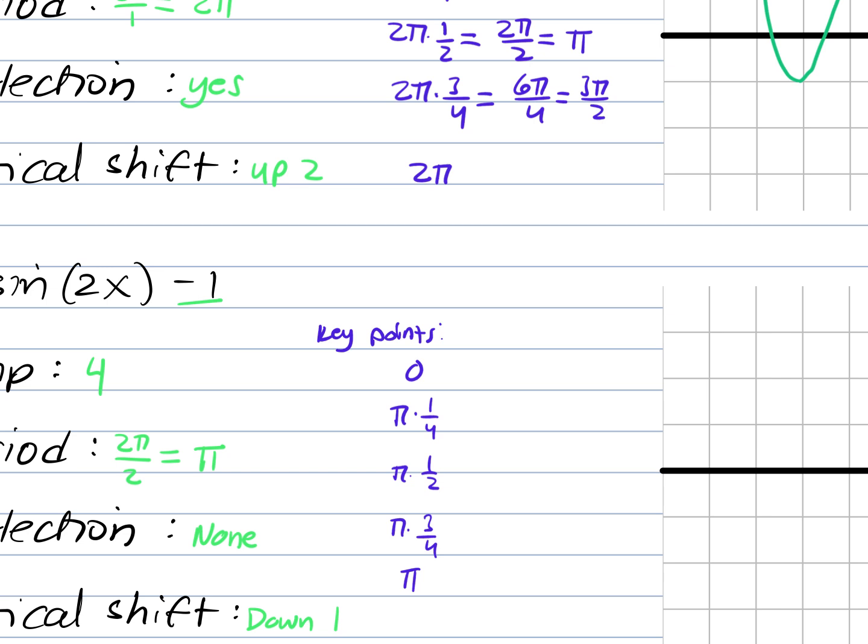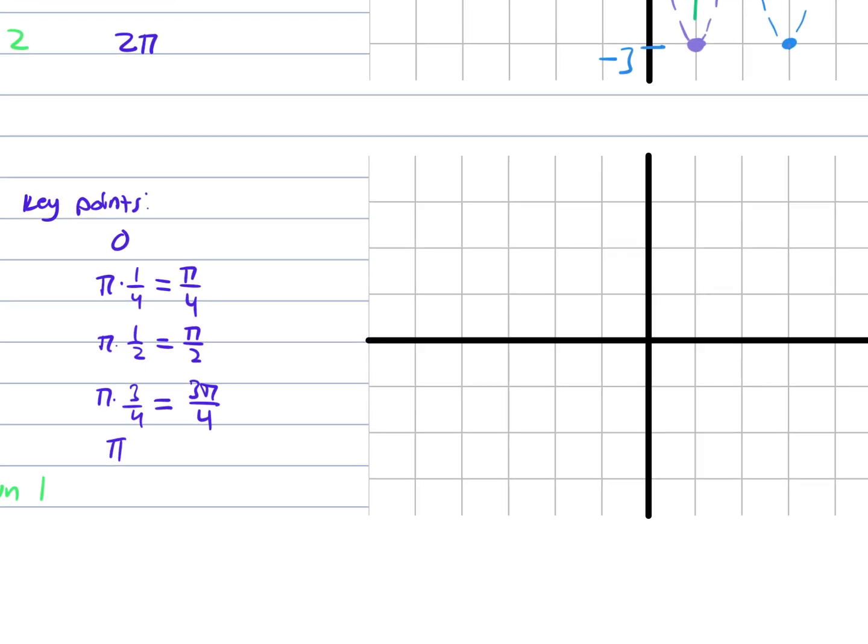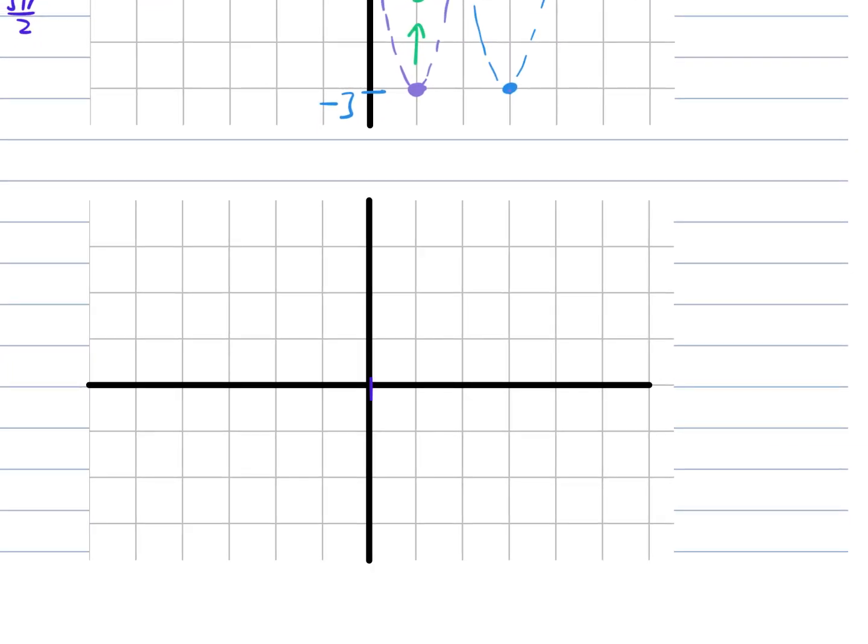So then we're going to get pi over 4, pi over 2, and 3 pi over 4. I'm going to use these points to label the axes. So we're going to have a 0, pi over 4, pi over 2, 3 pi over 4, and a 2 pi.